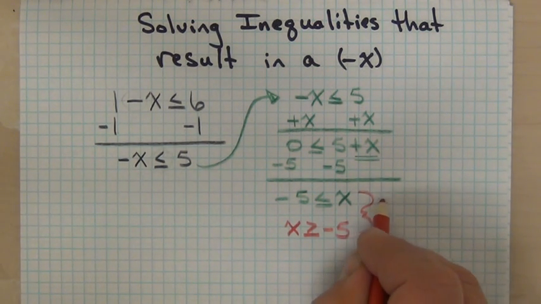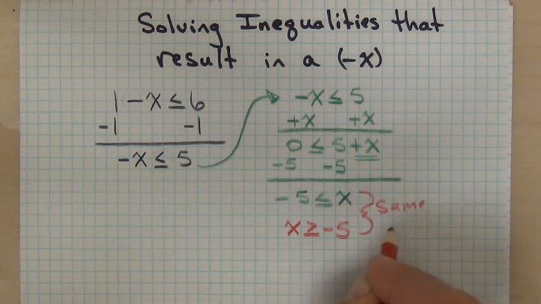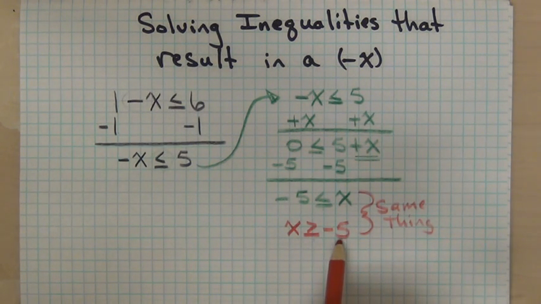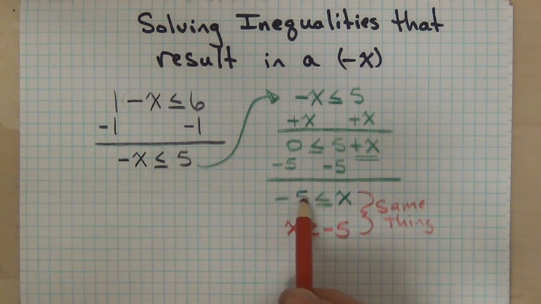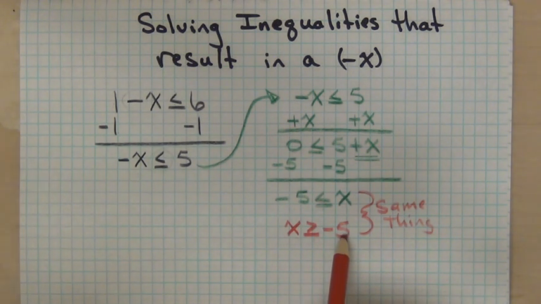These two things say the same thing. They're really both saying that x is bigger than or equal to negative 5. And I know this is true because up here the inequality symbol points from the x to the negative 5, and down here the inequality symbol still points from the x to the negative 5.